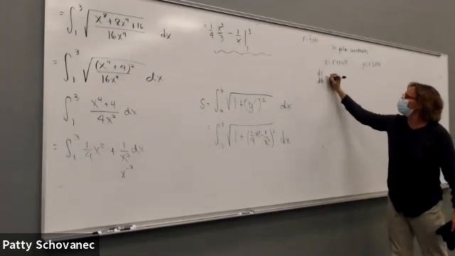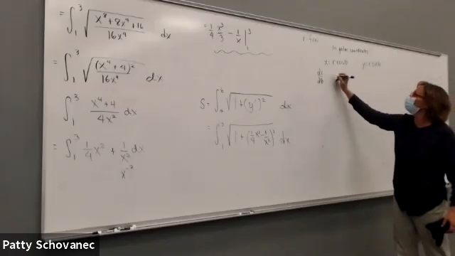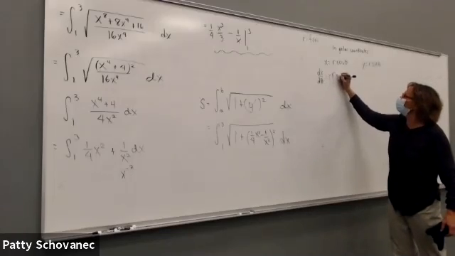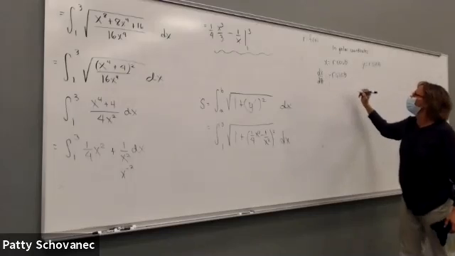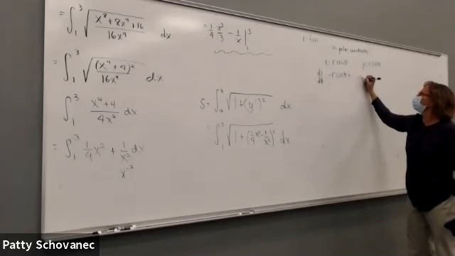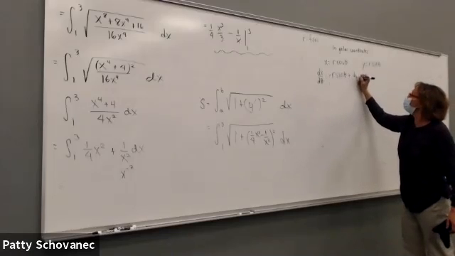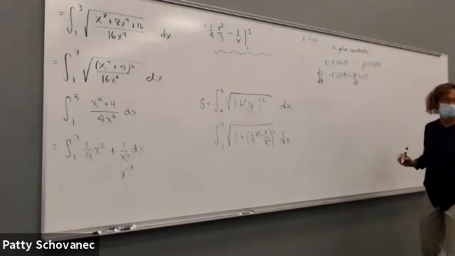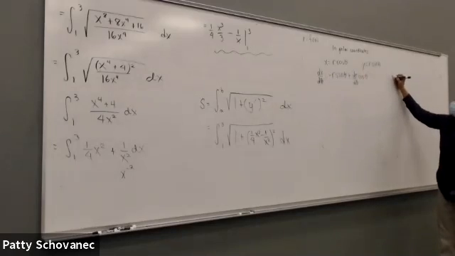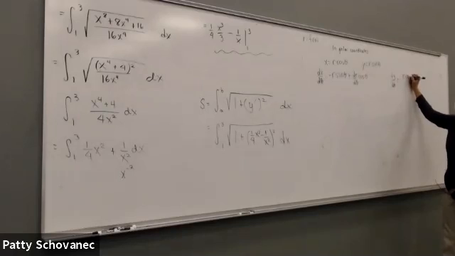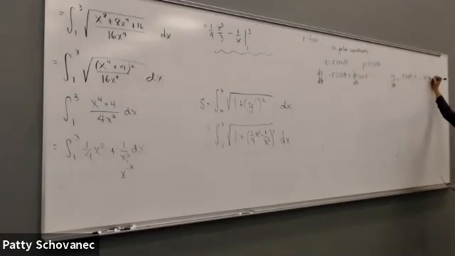If I took the derivatives of these with respect to theta, dx d theta by the product rule would be the first times the derivative of the second plus the second times the derivative of the first, which I'll write as dr d theta. Same deal with the y: dy d theta is the first times the derivative of the second plus the second times the derivative of the first.